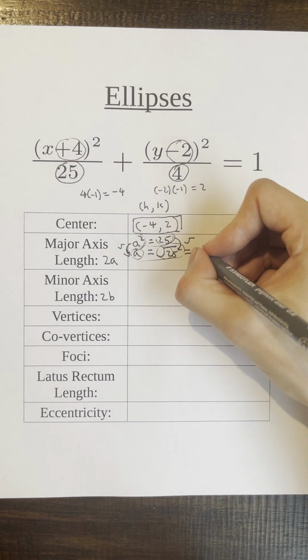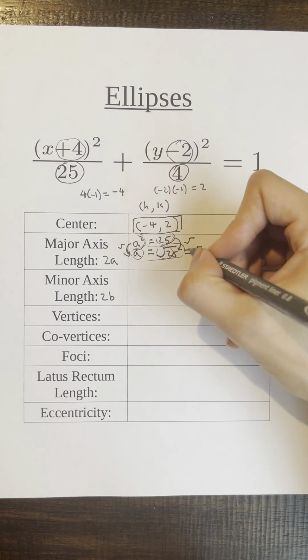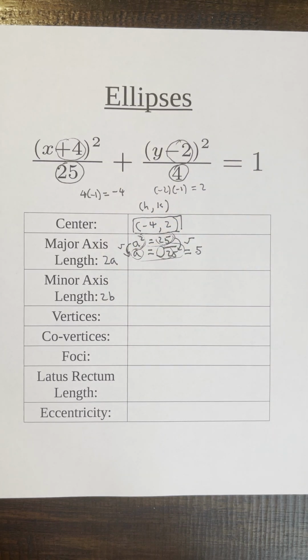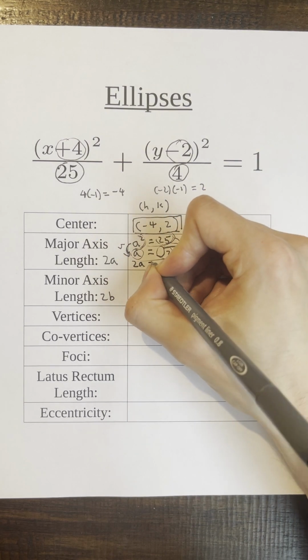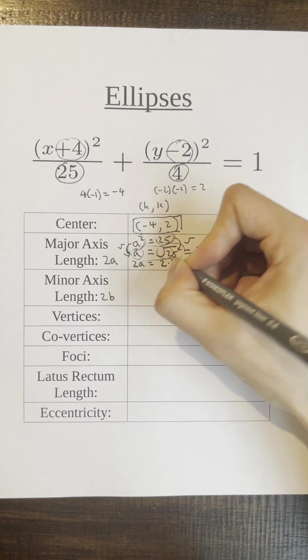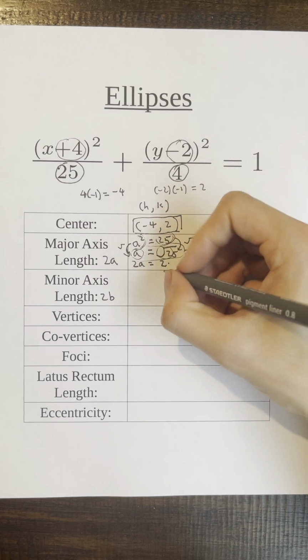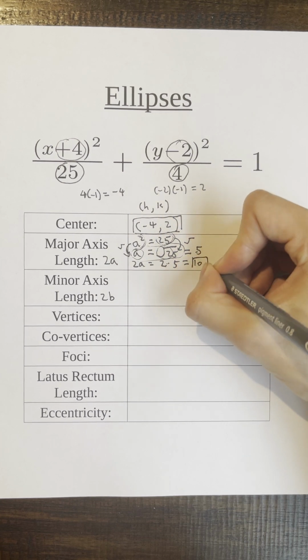Square root of 25 is 5. So if a is 5, how much is 2 times a? Two times a is the same thing as 2 times, well, I can just change a to 5, and 2 times 5 is just 10. This is your answer.